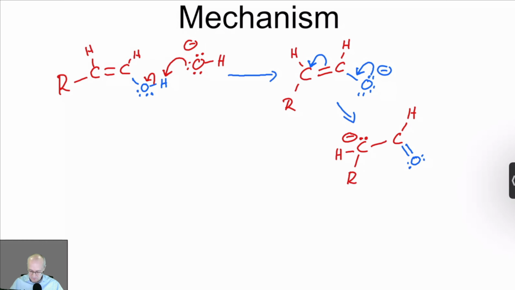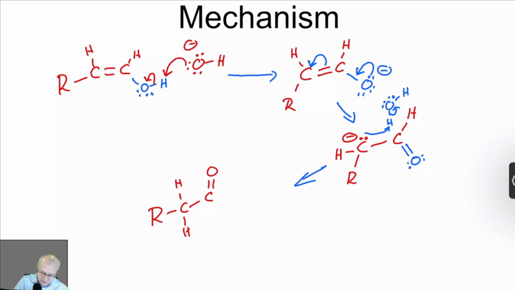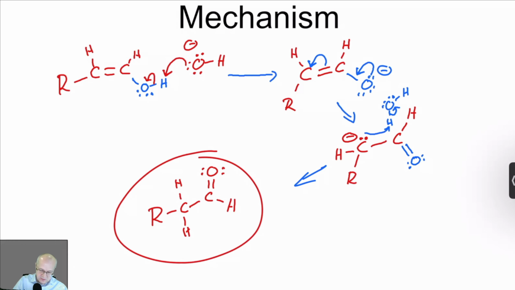Now next, the water will protonate the carbon, and that will generate the aldehyde. I'm just going to flip it over so that the carbonyl is pointing up, as it's traditionally done. And there it is. There's the aldehyde that we generate in this reaction. And this is the mechanism of how it works.